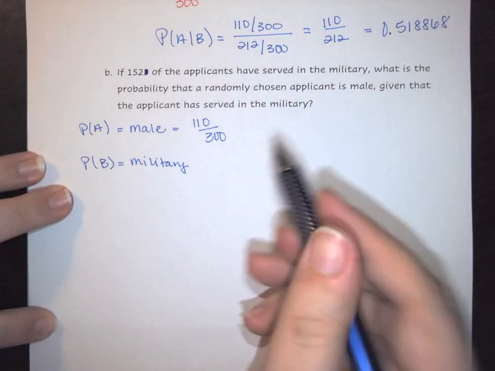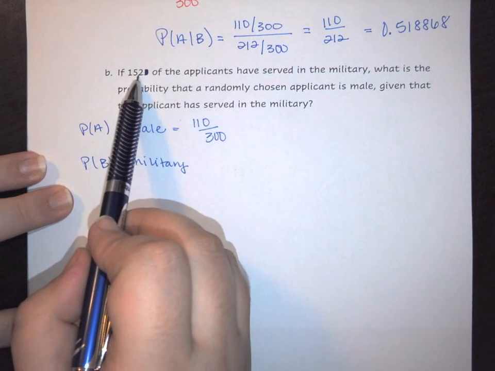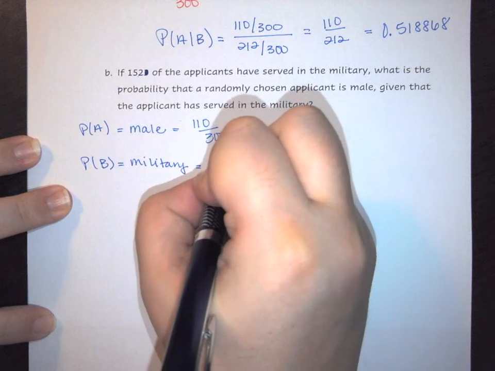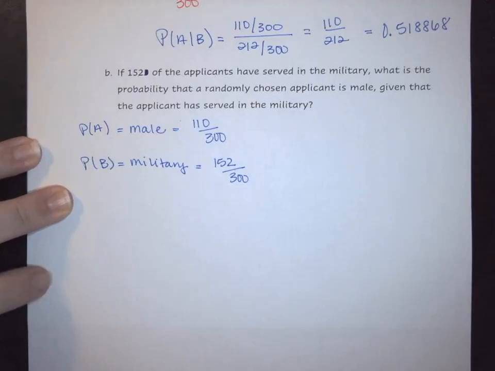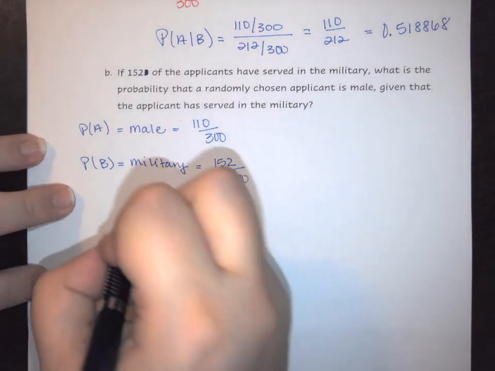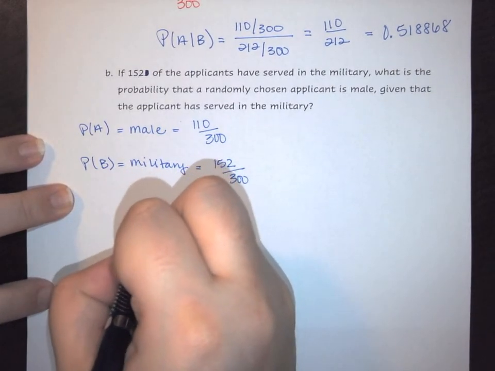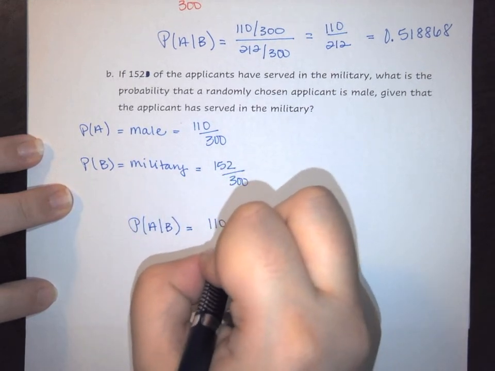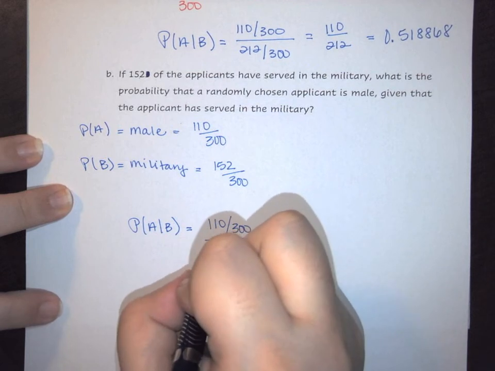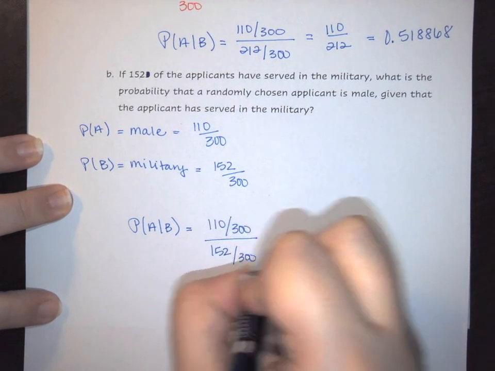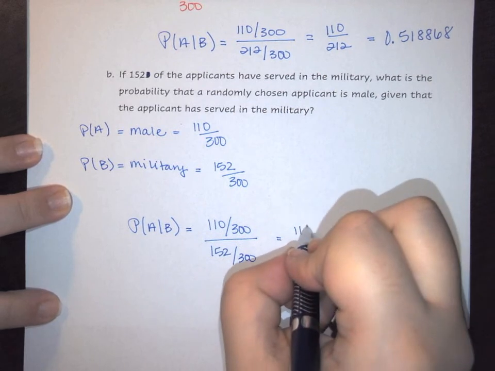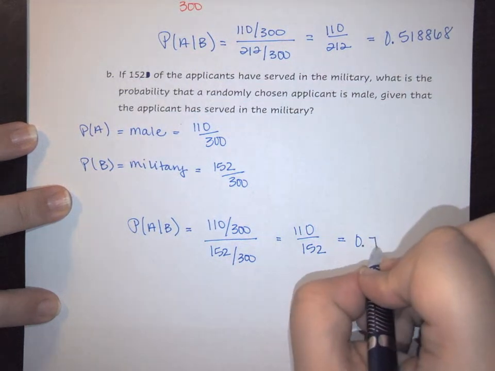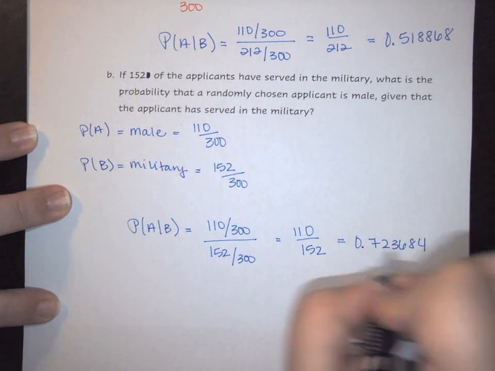The probability that we're in the military has now changed. It says now 152 served in the military, so this would be 152 over my 300. We rewrite it so that the probability of A given B is going to be 110 over my 300 divided by 152 out of that 300. So in this case, we get 110 over 152, which gives us a probability of 0.723684.